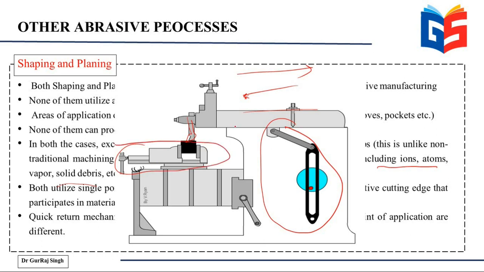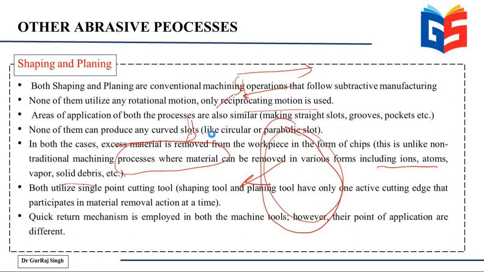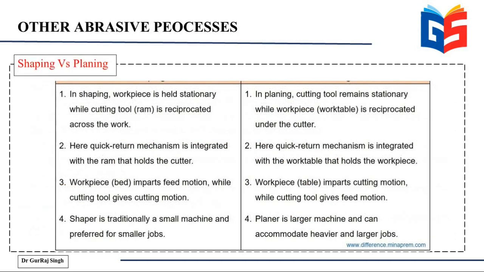So this particular image is of a shaper. On the other hand, if this arrangement is applied onto the work table while the tool remains stationary, that would be referred to as the planer. But now, since we've talked about so many similarities, it is also very important to know about the differences between shaping and planing. So let us take a look at the differences now.